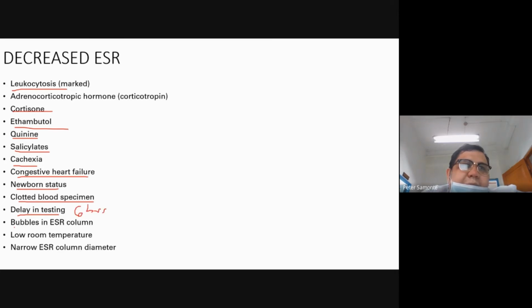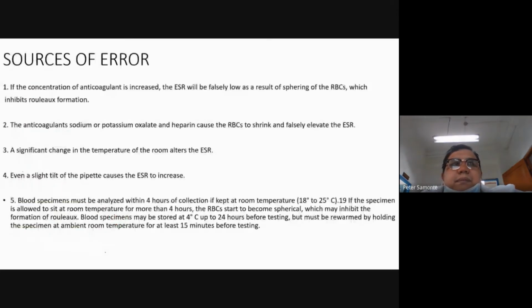And then if there are bubbles in your ESR column, pag may bubbles, ang recommendation, i-repeat nyo. Then if there is lower room temperature, if there is narrow ESR column diameter. Now here are some of the sources of error in your ESR. If the concentration of your anticoagulant is increased, the ESR will be falsely low as a result of the crenation of the RBC.